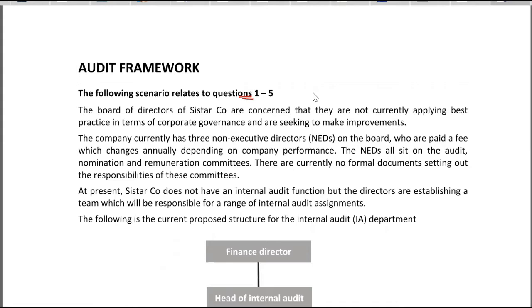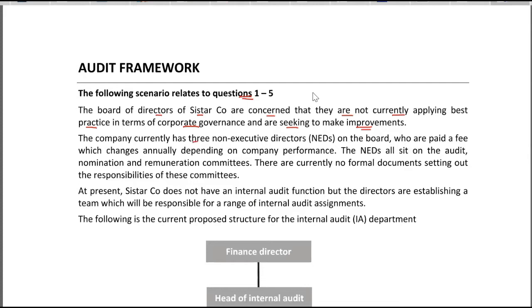The board of directors of sister company are concerned that they are not currently applying best practice in terms of corporate governance and are seeking to make improvements. So they do not think that they are complying with the best practices.